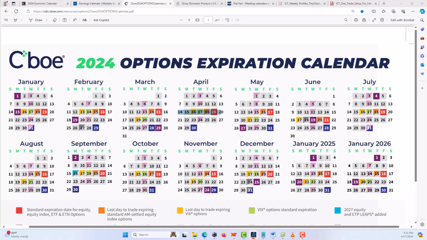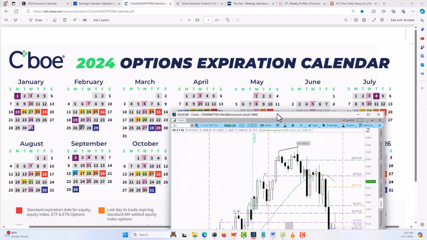But if we look at the daily, we can see that the bearish already started to show up.